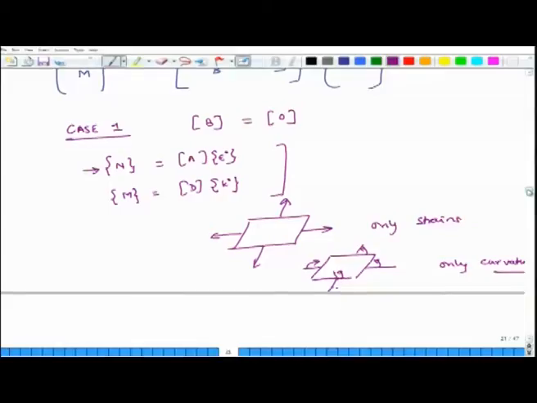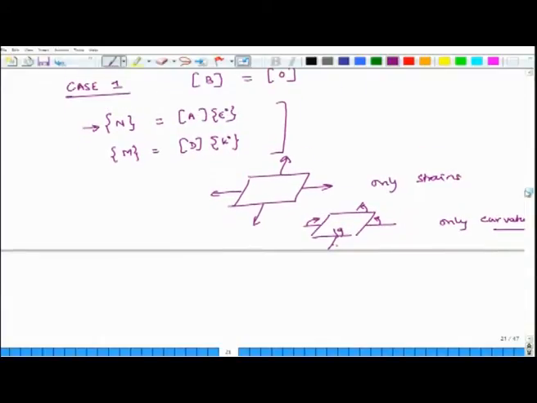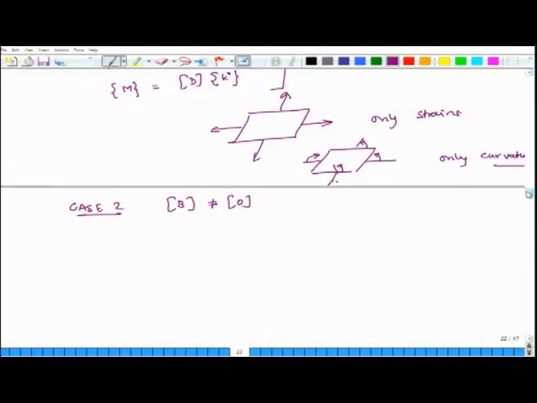So, this is something important to understand, but we can have another case where the B matrix is not a 0 matrix, and suppose in this case you have, let us say, a plate and you apply some Nx, you can also apply some Ny, and you can also apply some Nxy.